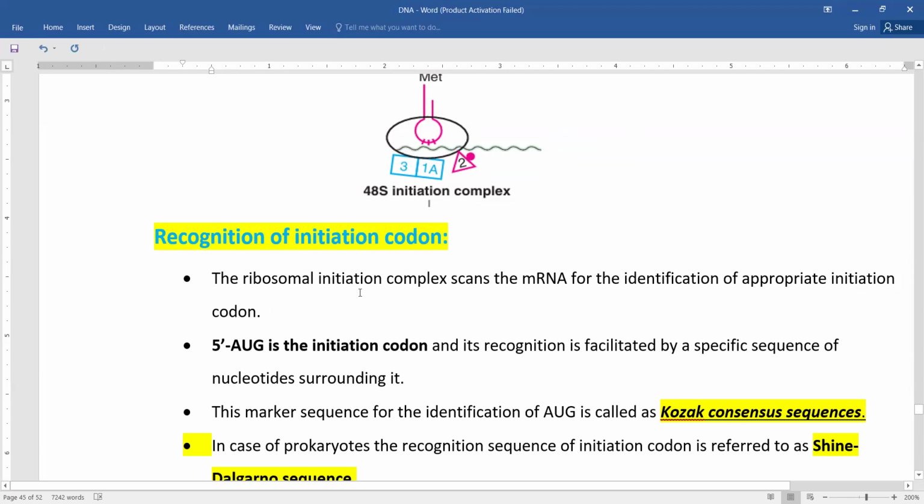So the ribosomal initiation complex, this total complex, scans this mRNA for the identification of the appropriate initiation codon. Okay, so 5 prime AUG is the initiation codon for any organism, and its recognition is facilitated by a specific sequence of nucleotides surrounding it.